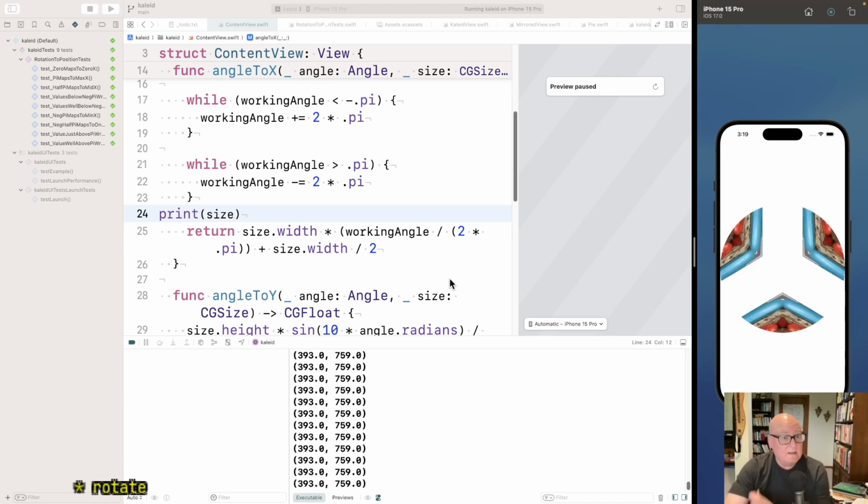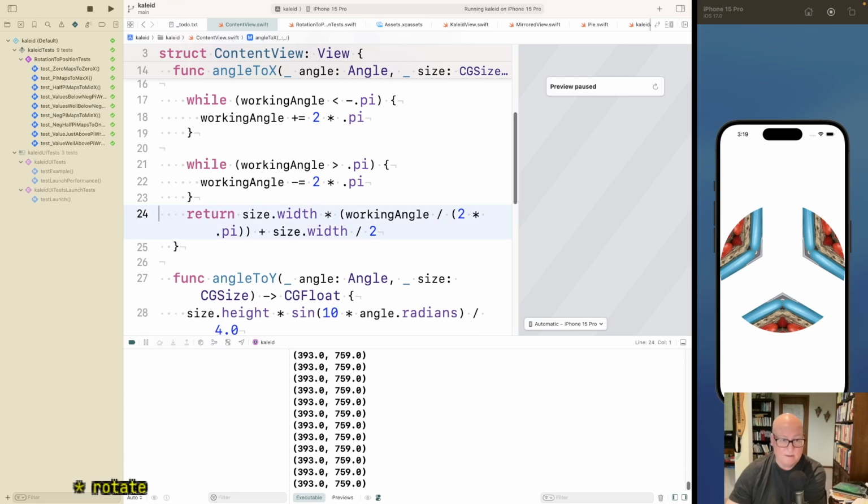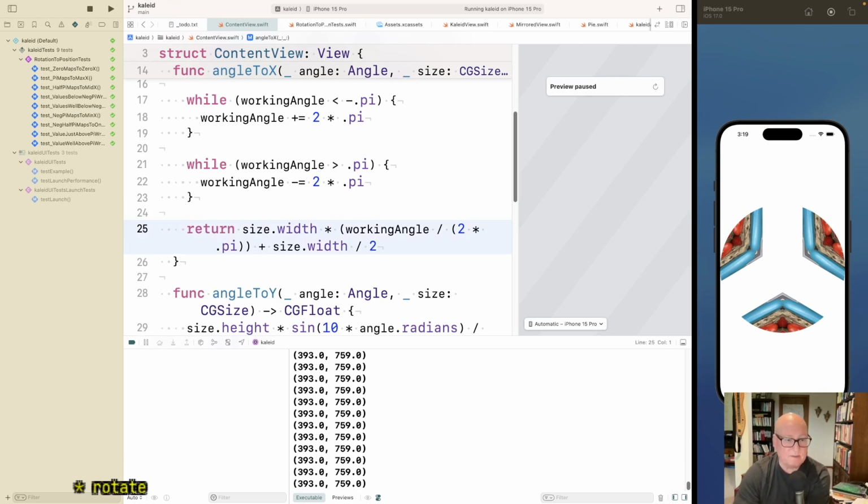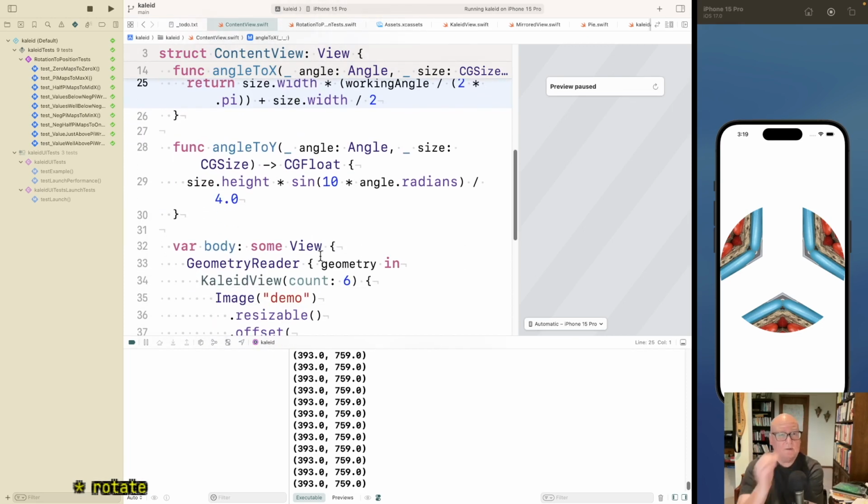Okay. I think we have to work with the width. Oddly. Okay. So all right.